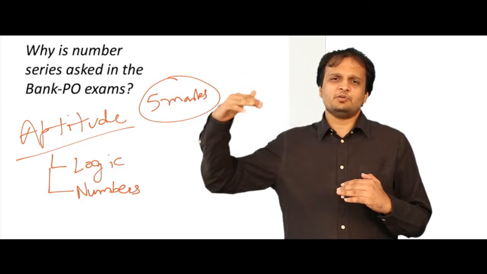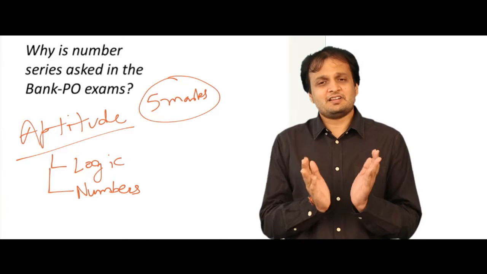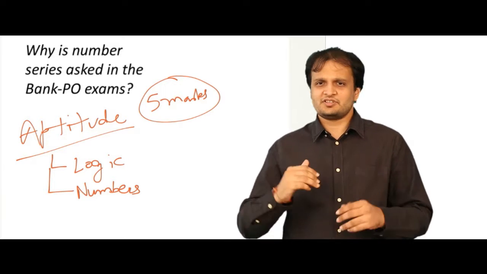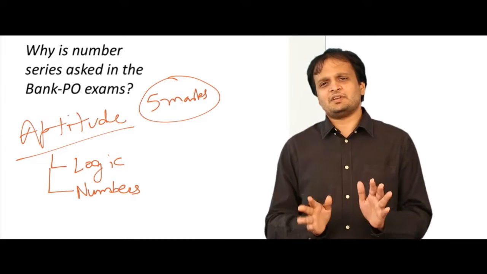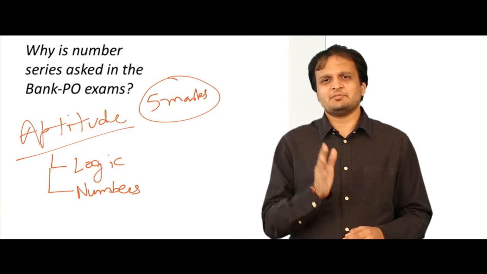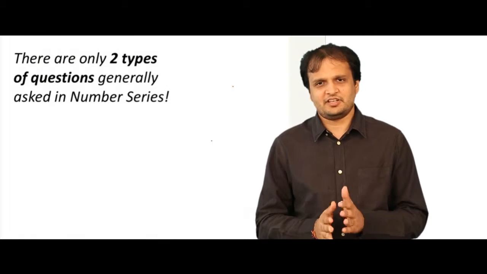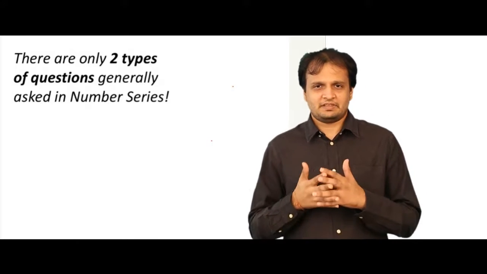We will discuss the approach for how to crack them. If you are able to crack these challenging questions, then you can be rest assured that in your exam you will get minimum 3 to 4 marks out of 5. So let's begin the class today.